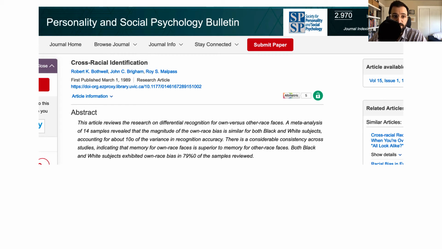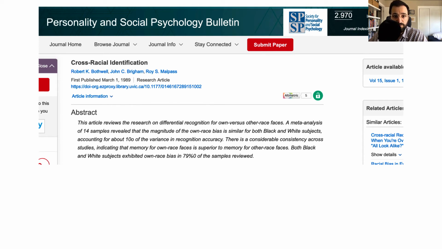This is a meta-analysis done by Bothwell, Brigham, and Malpass, published in 1989. And so because this is kind of an original paper, because it's older and it states the thing, it states that the effect was found in many different places, it's really good for making the point that the other race effect in face recognition exists.